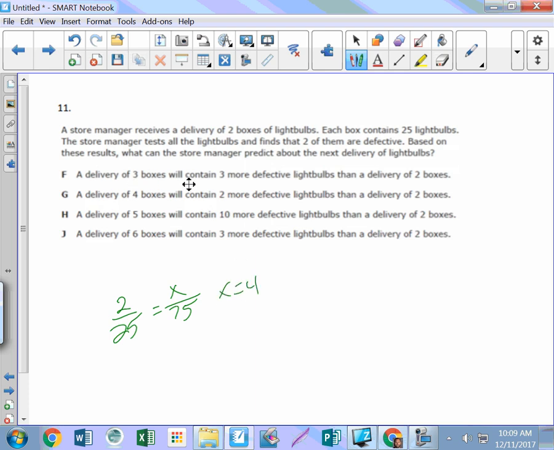So it will contain 3 more defective bulbs than a delivery of 2. So 3 more than 2, that's 4, is not 3 more than 2. Of 2 boxes, that's 50. That's 100.